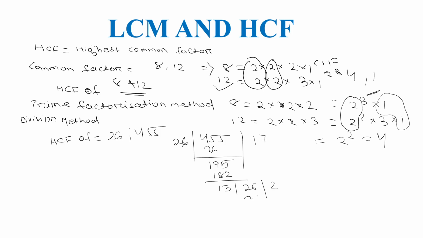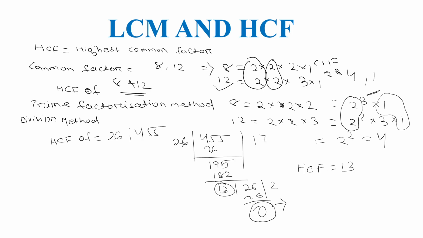So it will be 26. We need to divide until there is a zero in the remainder. As long as the remainder is not zero we can keep dividing, and at the point where zero comes, that divisor will be the HCF. HCF is 13 here. Clear?